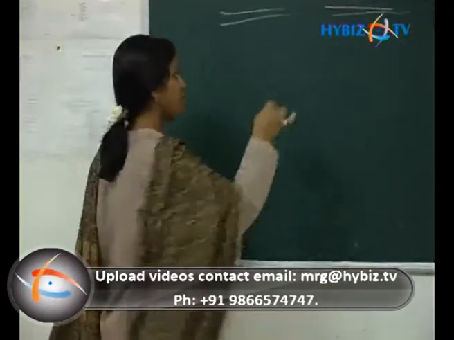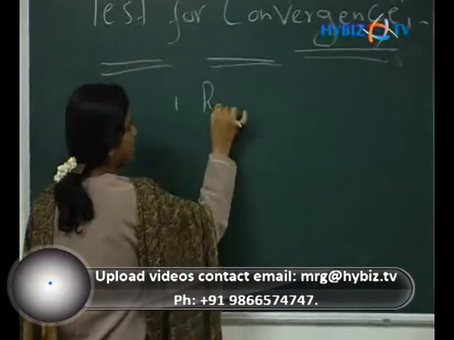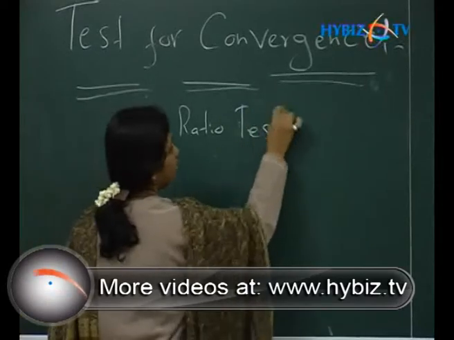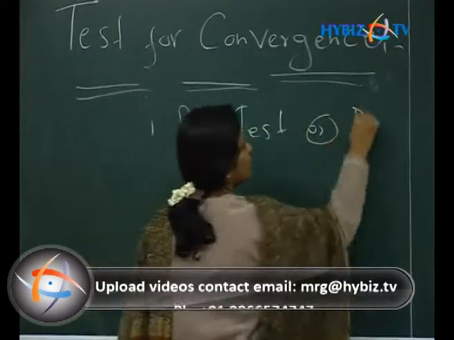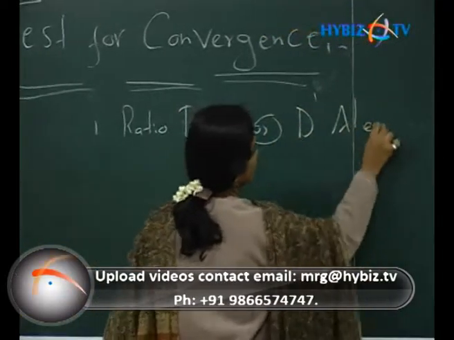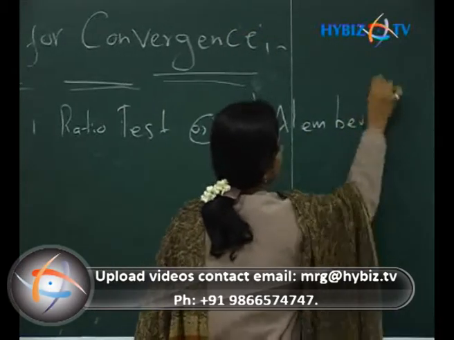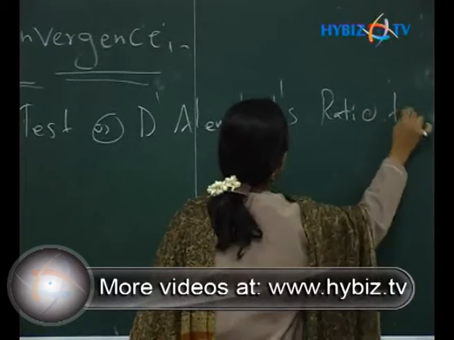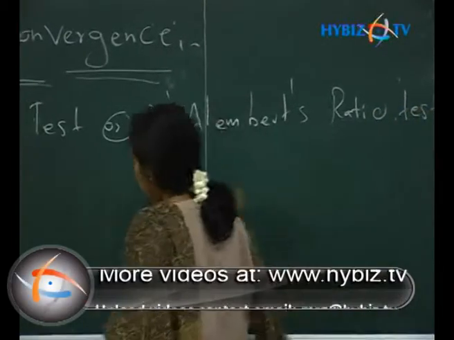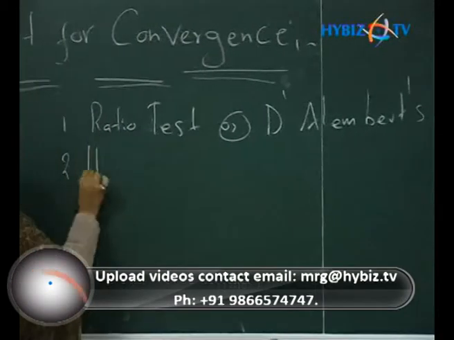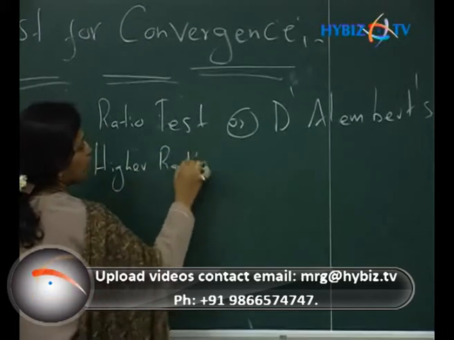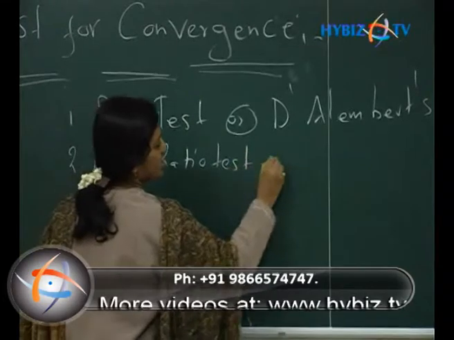So what's the first test? The first test is the ratio test, or you can call it D'Alembert's ratio test. Have you heard that? This is a mathematician's name. And the second one, higher ratio test, which is also known as Raabe's test.